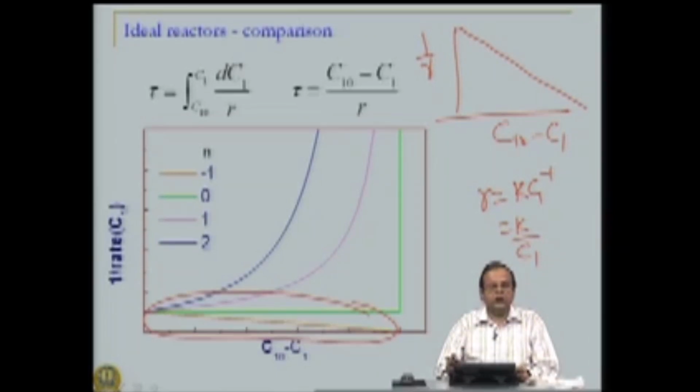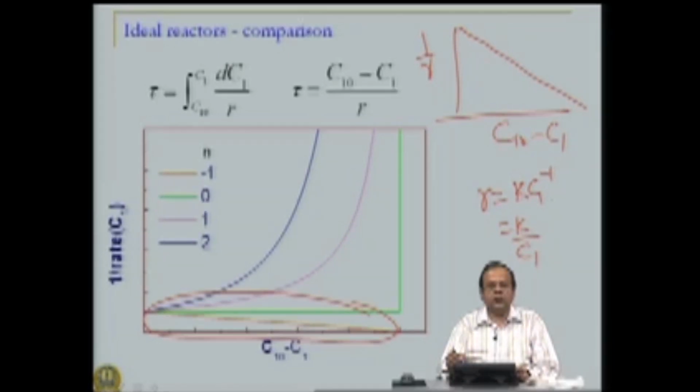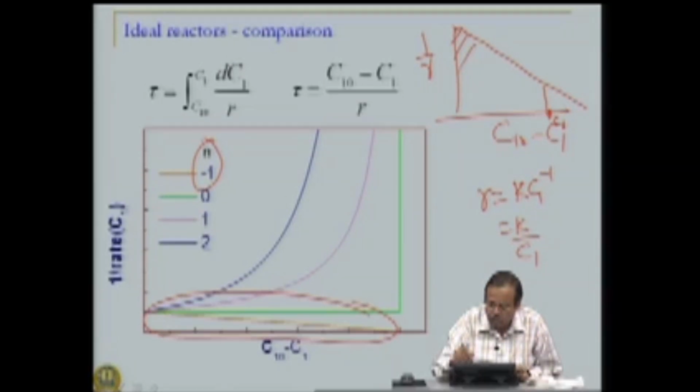That means, the residence time for a plug flow reactor is the area under the curve, for stirred tank reactor it is the area of the rectangle. So, let us look at what is the residence time for this particular reaction, that is K C1 raised to -1, when n is -1. Let us say that this is the C1 that we are interested in, then the residence time would be all this area under the curve for plug flow reactor.